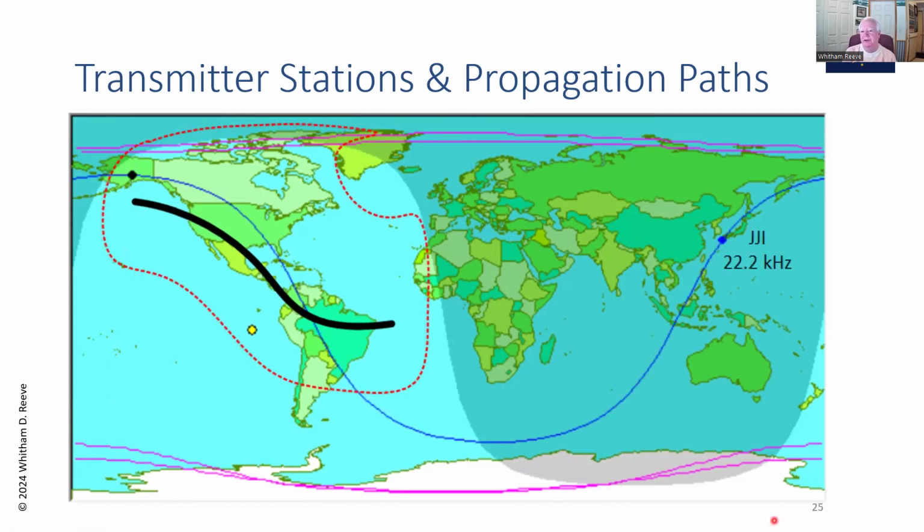This is JJI in Japan at 22.2 kilohertz, directly to the west of Coho. And like Northwest Cape, the long path did cross the eclipse path. So I was kind of encouraged that if I did see any long path propagation, then maybe that would have some effect on it.